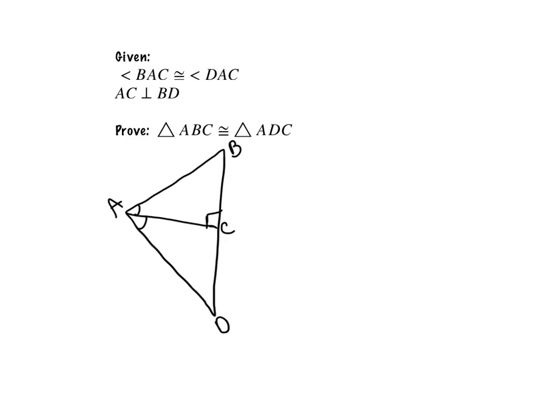Is it labeled that BAC is congruent to DAC? Yes. AC, what does this little symbol mean? Perpendicular, which means things meet at a 90-degree angle. So AC and BD meet at a right angle, yes.